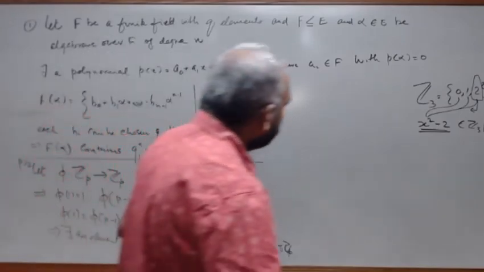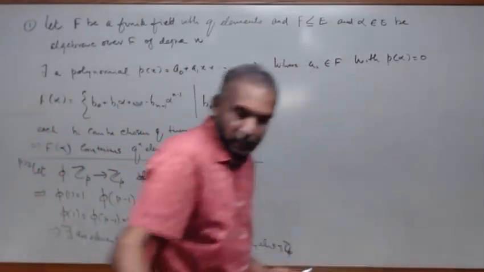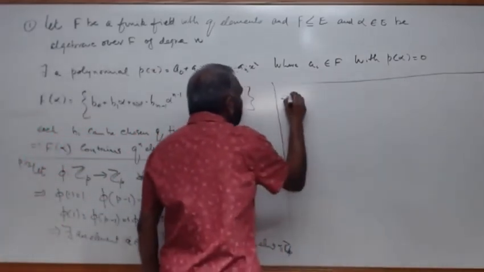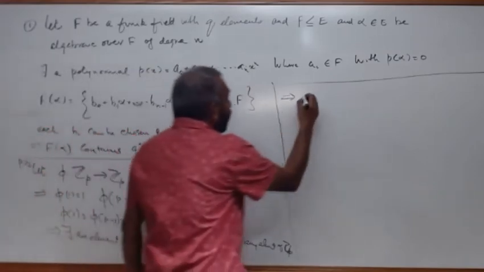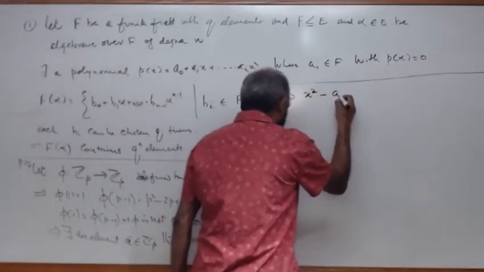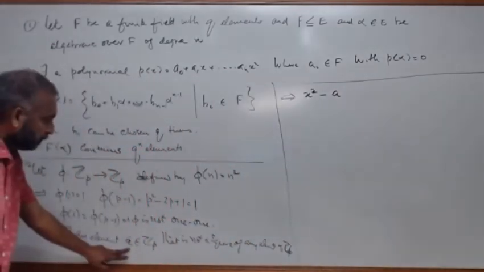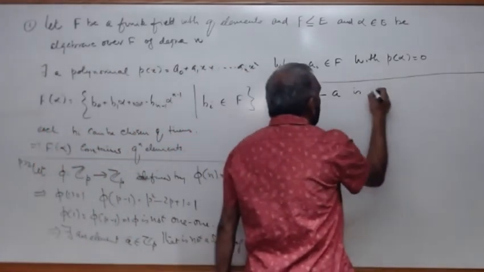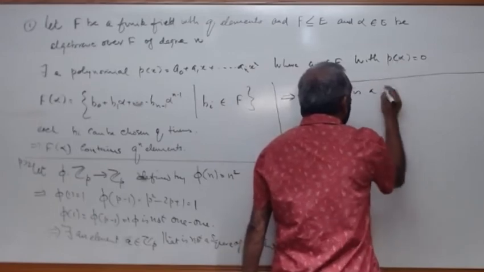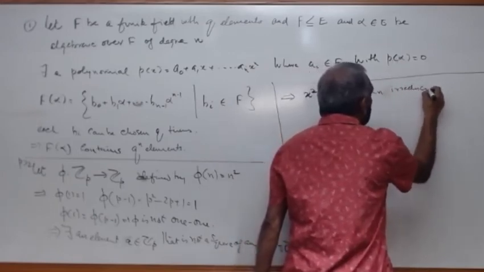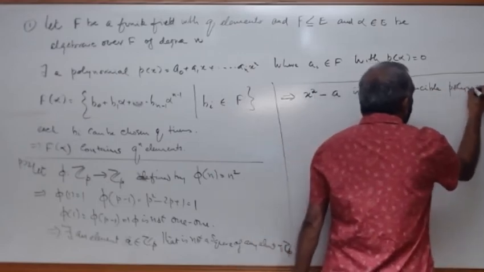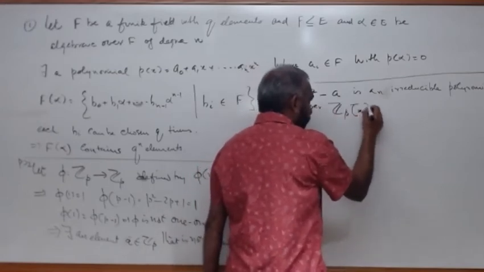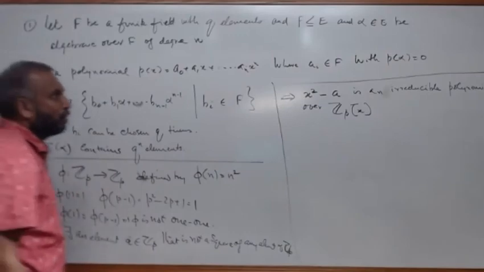So that means this actually implies x square minus a, where a is not the square of any of the elements of Zp, is an irreducible polynomial over Zp of x of degree 2.